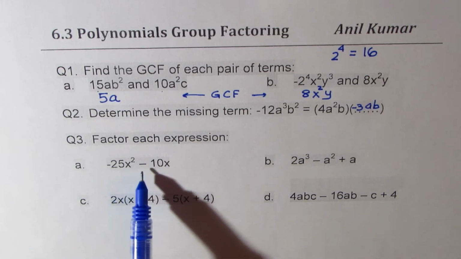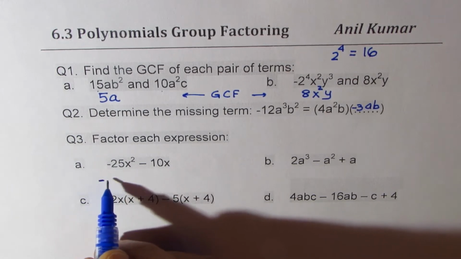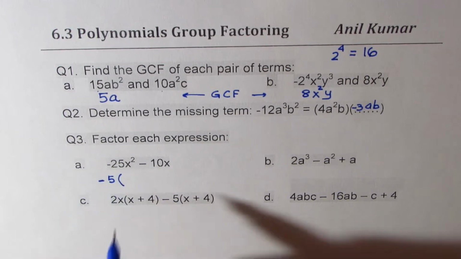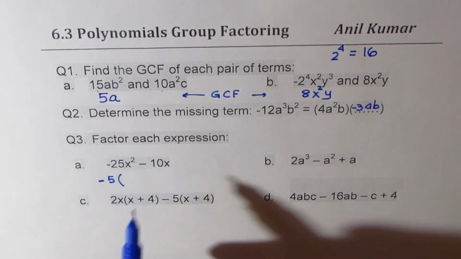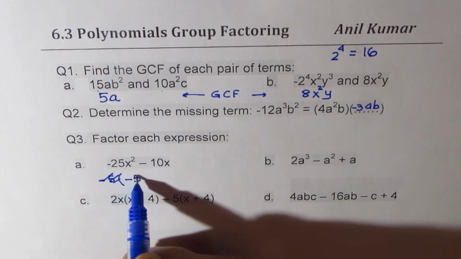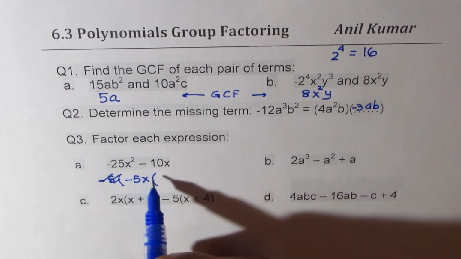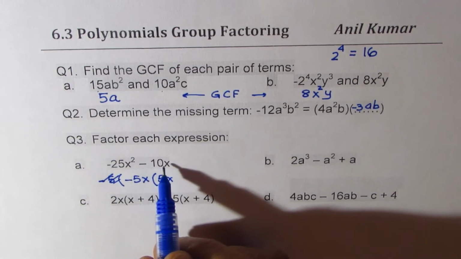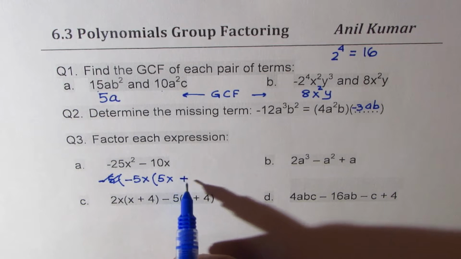Minus 25x square minus 10x, we can take minus 5 common. Dividing minus 25 by minus 5 gives us 5, but we see also that x is common. So actually, I should take minus 5x as a common factor, and then I get 5x for the first term, and here if I divide minus 10 by minus 5, I get plus 2.